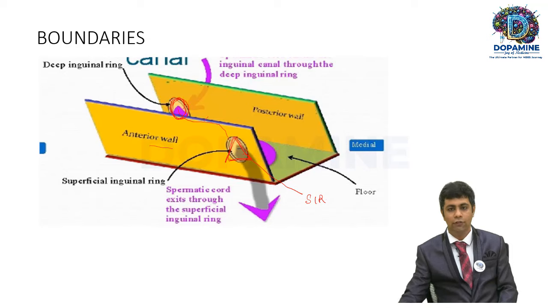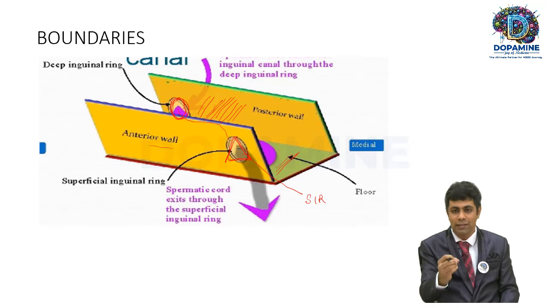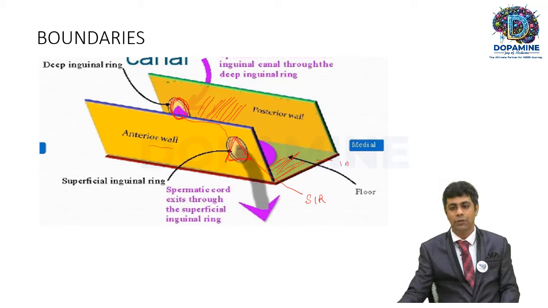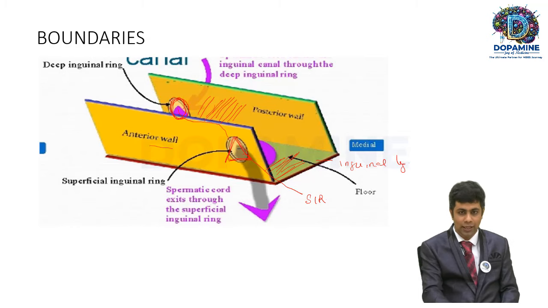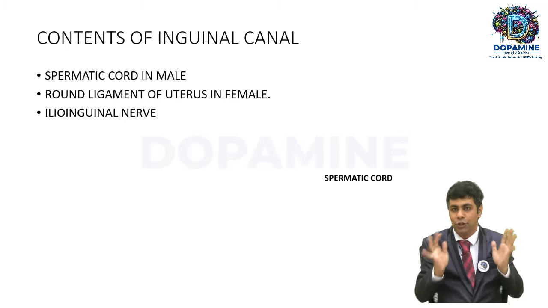Clear? So this one forms a roof and this one forms a floor. The roof is formed by the arched fibers of the internal oblique muscle and the transverse abdominis muscle. The floor will be formed by the inguinal ligament. I hope I made the boundaries of the inguinal canal clear to you.